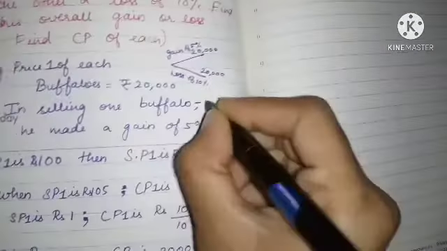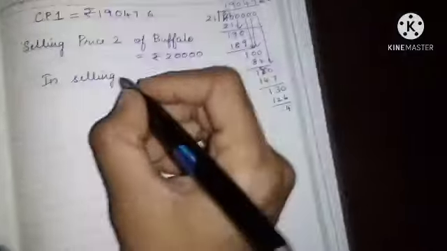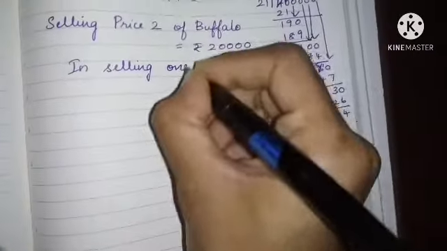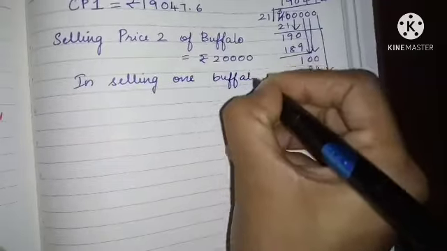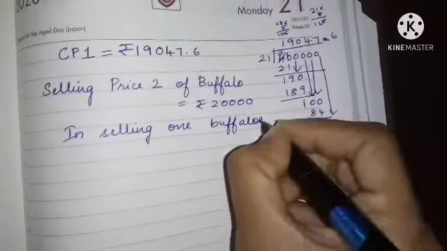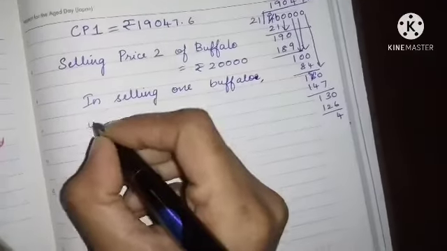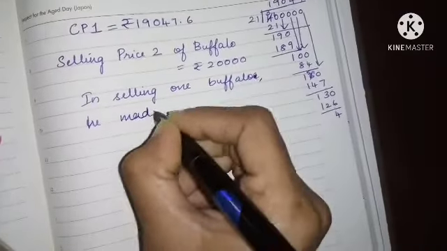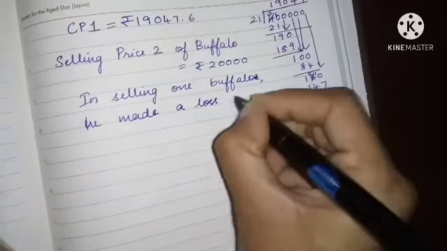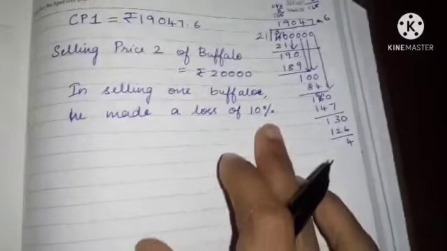See here I am taking buffalo number 1. In selling one buffalo, he made a loss of 10%. Last problem it was profit. Here it was a loss of 10%.